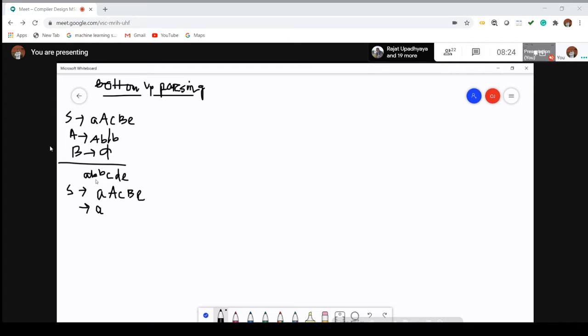I have to check what productions are associated with A. There will be two productions, either it will be A b or it will be small b. If I take the small b, then I cannot take another b. So instead of only b, I can take the production A b. The rest will remain the same. It will be c, B and e.